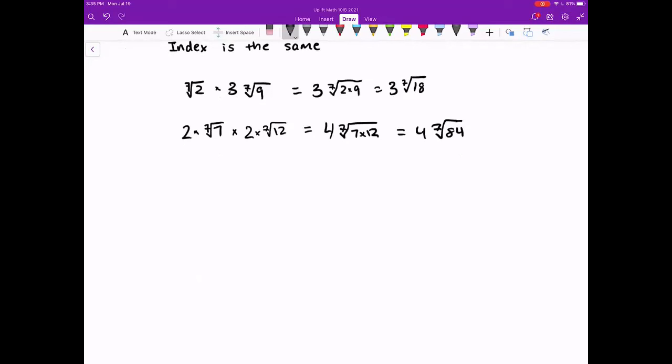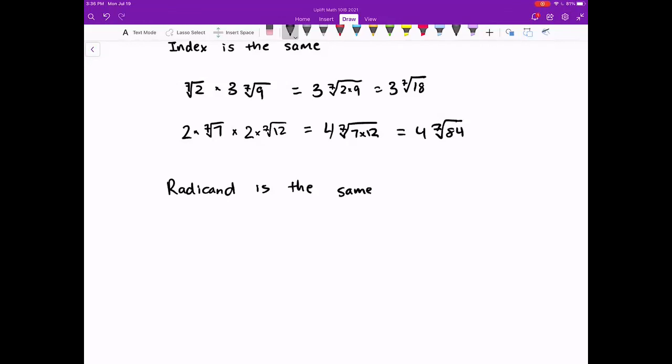And there's actually a way of getting around the same index thing. When we are multiplying radicals, if the radicand is the same but the index is different, we could kind of cheat by converting it into a fractional exponent and then solving that instead.